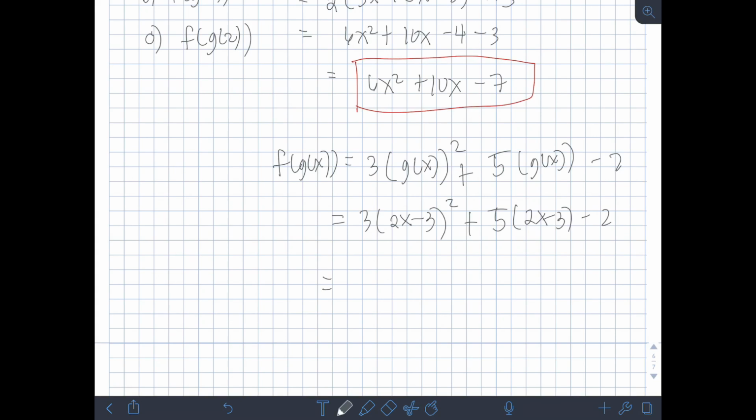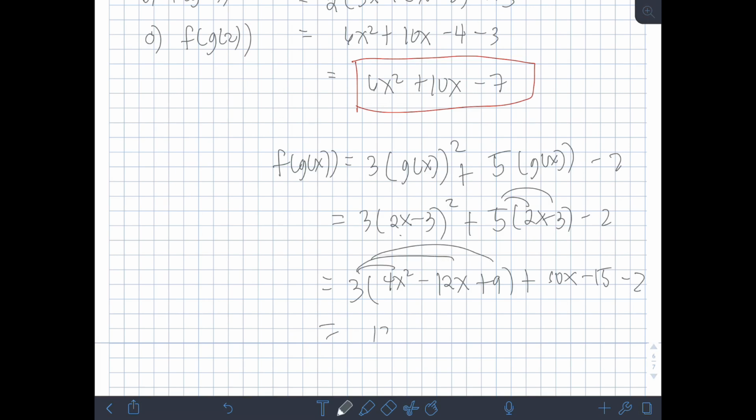Then, simplify natin. So, we have square of a binomial. So, we have 4x squared minus 2x times negative 3 is negative 6x times 2 is negative 12x. Negative 3 squared is, negative quantity squared is positive 9. Plus, distribute. 5 times 2x is 10x. 5 times negative 3 is negative 15 minus 2. Then, distribute ulit si 3.